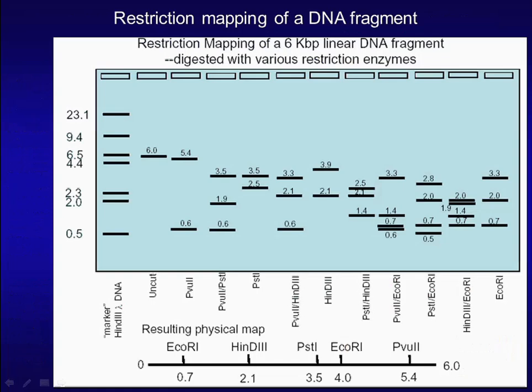As an example, here is a 6 kb DNA fragment with 2 EcoR1 sites. Restriction of this DNA by EcoR1 yields 3 fragments. The smallest fragment is from the 5' end to the first EcoR1 site, which is 0.7 kb.